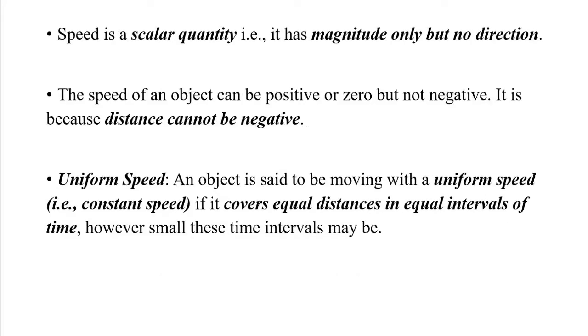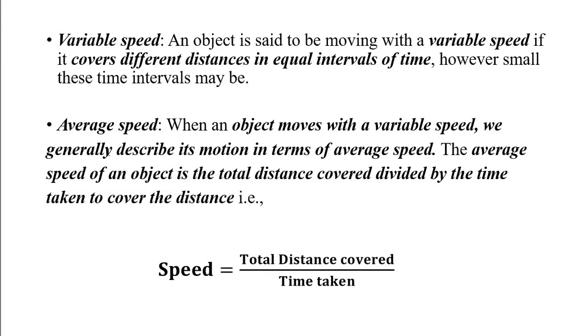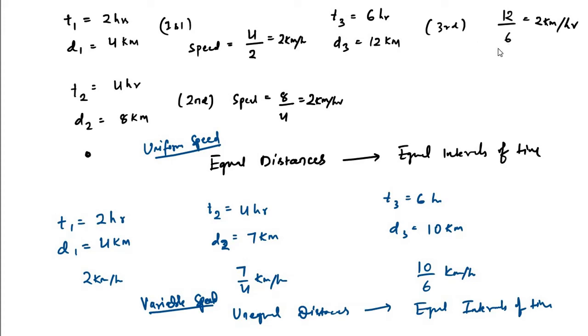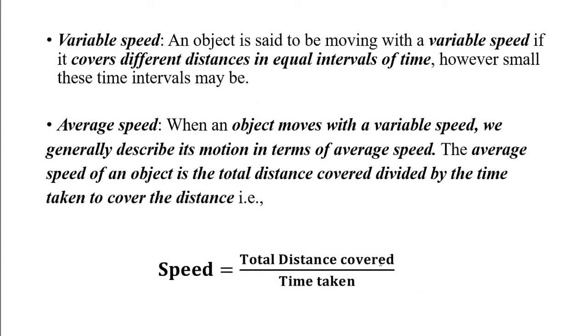And then we have the concept of average speed. Average speed is basically, finally, when the object stops at the destination, the final point, what is the total distance that the object has covered, and how much total time was taken.